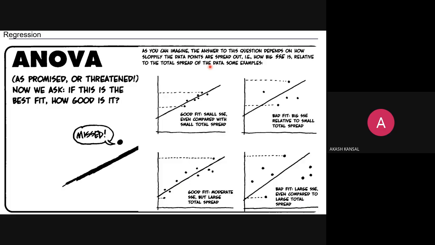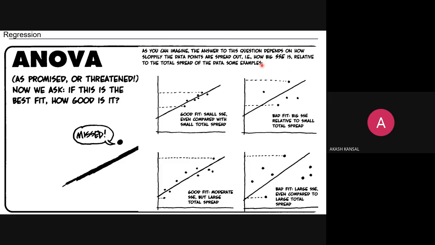The goodness of the fit depends on how far the data points are spread out, and how many data points there are. So basically, how big the SSE is, related to the total spread of the data.